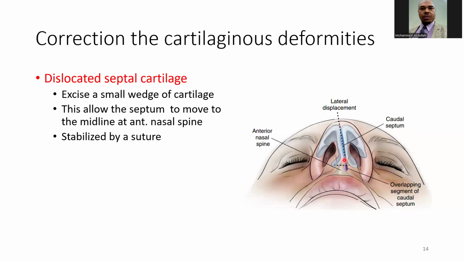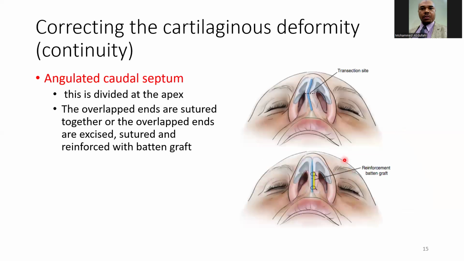This allows the septum to move to the midline at the anterior nasal spine, and you use suture to stabilize the septum over the anterior nasal spine. For angulated caudal septum, divide the apex and suture the overlapped ends together, or you can excise the overlapped ends, suture them together, and reinforce with a batten graft.